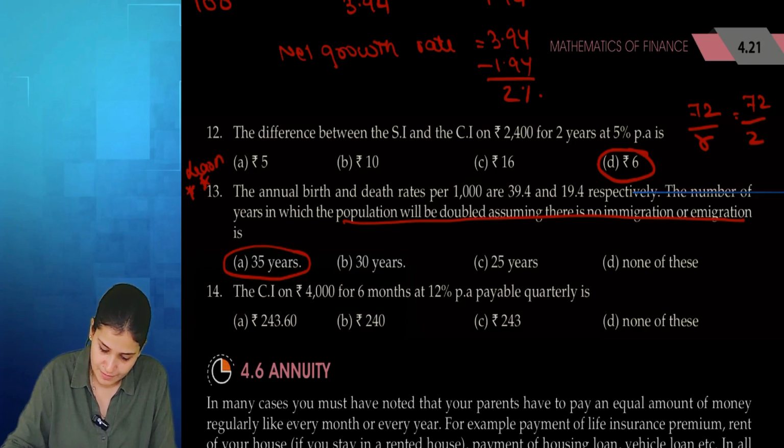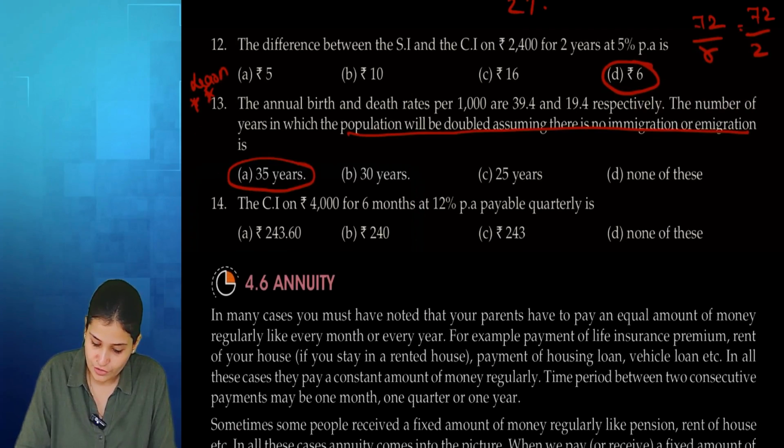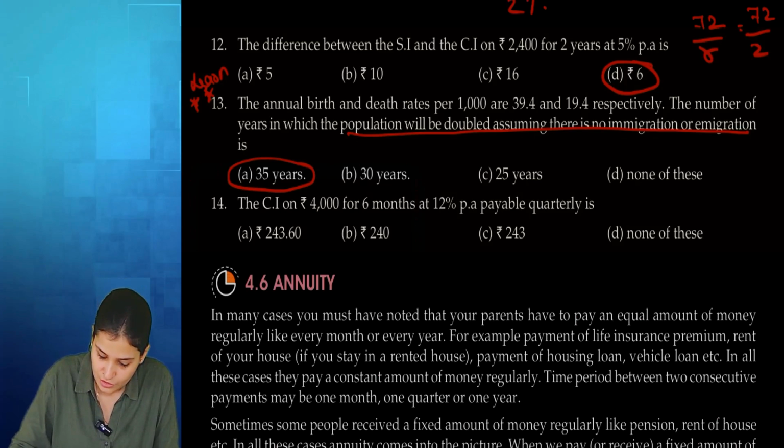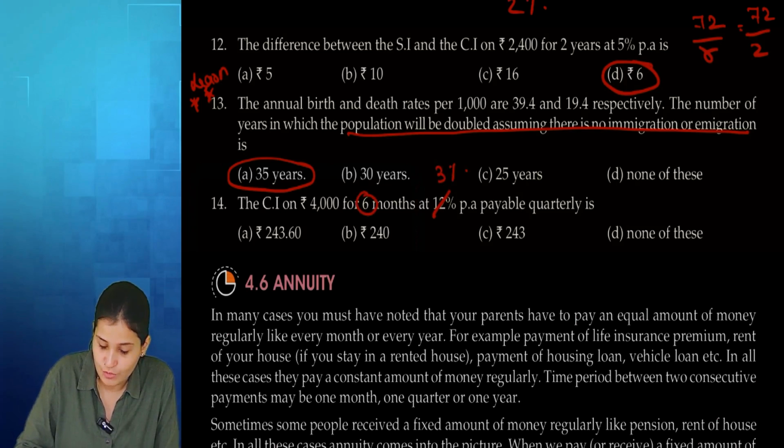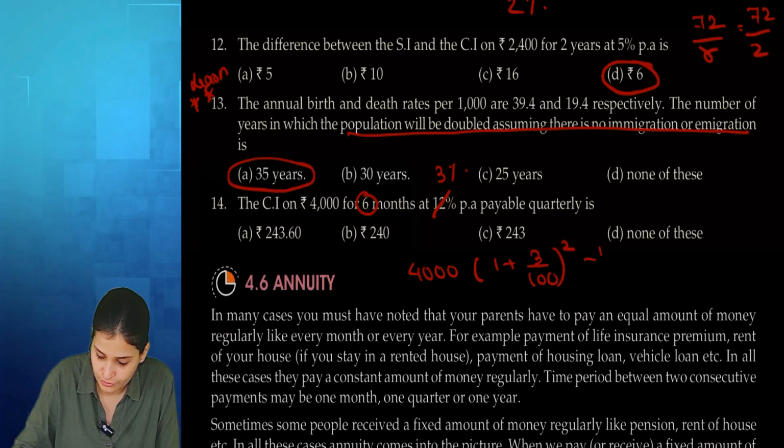Now 14 number. The compound interest on rupees 4,000 for 6 months at 12% payable quarterly. So 12% becomes 3%. 6 months means how many quarters? 2, ma'am. So 4,000 into 1 plus 3 by 100 to the power 2 minus 1.